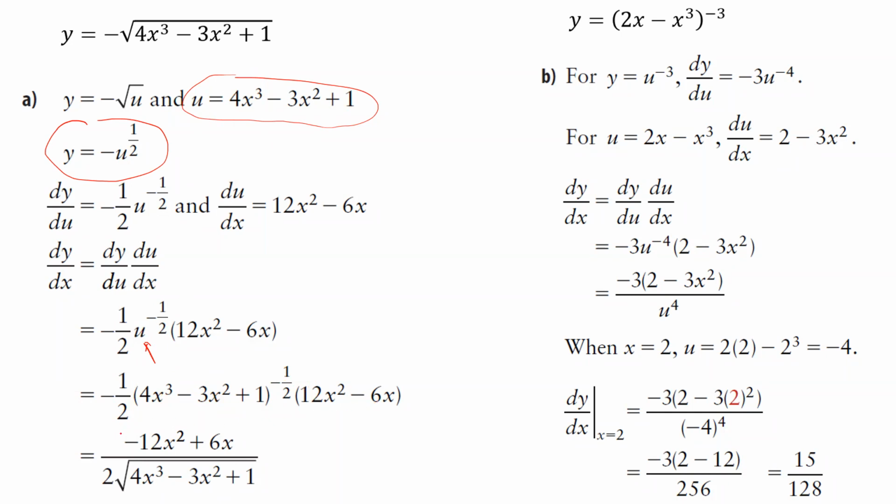Then after simplification, the final result is -12x squared plus 6x divided by 2 times square root of 4x cubed minus 3x squared plus 1. You understand? Do you have any questions?